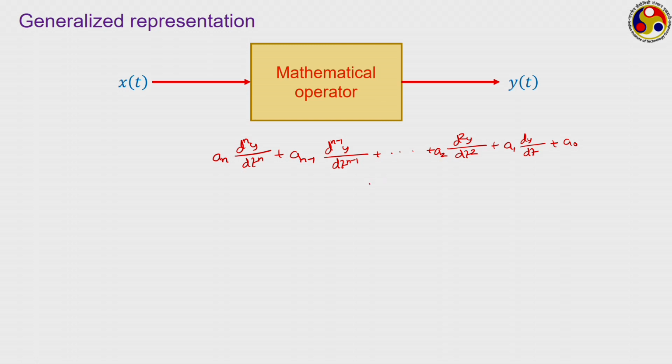this on the left hand side; this should be equal to the corresponding transformation on the right hand side on x, which can be, let us say, let us take this to be as Bm, kind of form like this.